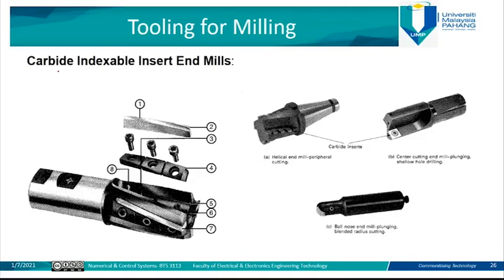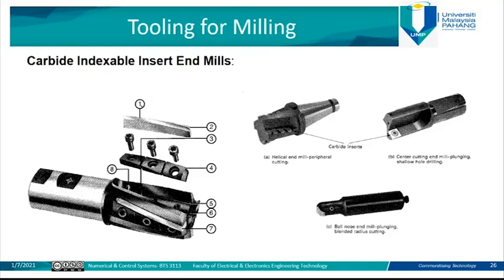Also, there is a carbide indexable insert end mill here. So you have one tool, but it has different parts here that can be indexed at the end of the tool. Depending on each part, it has different shapes, and it can perform different milling operations on the same workpiece.